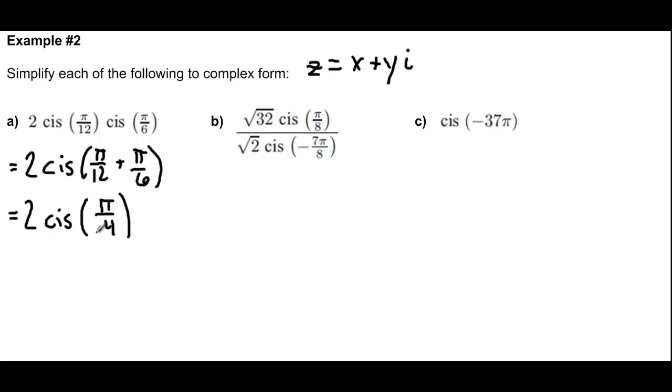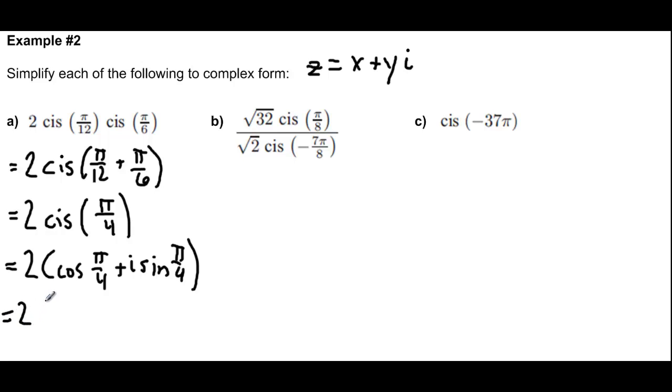Now, we can't leave it there. That's still polar form. What we need to do is then evaluate it. So that's going to be 2 times the cosine of pi over 4 plus i sine of pi over 4. So that's going to be 2 times cosine of pi over 4, which is 1 over root 2, plus 2 times i, and again sine of pi over 4, 1 over root 2.